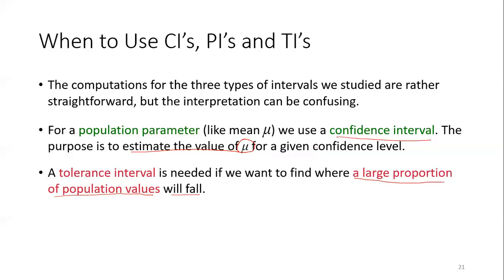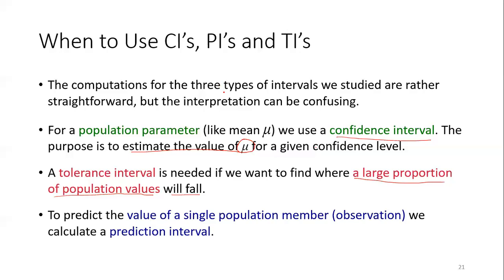The large proportion of the population is very important for you to see how much of your production will be scrapped or not. To predict the value of a single population member, for example just one ball bearing, just one student, or just one diameter, we calculate the prediction interval.